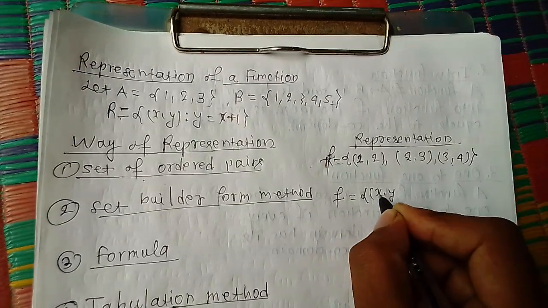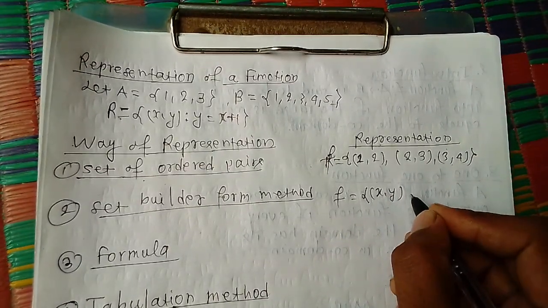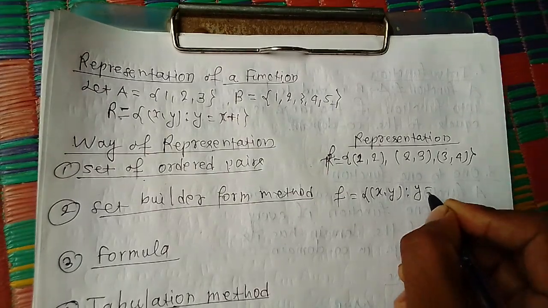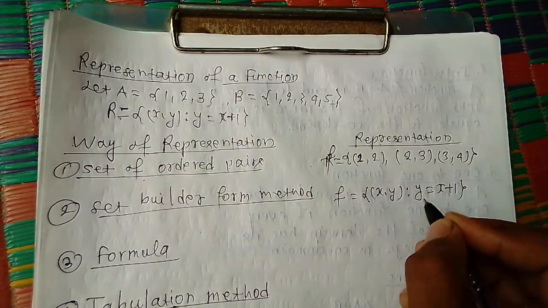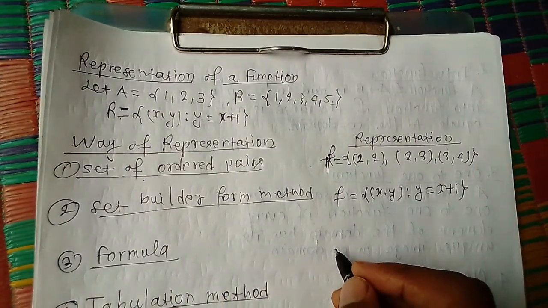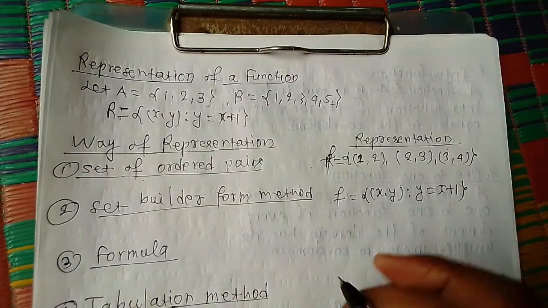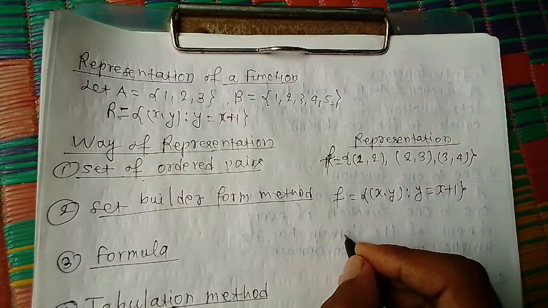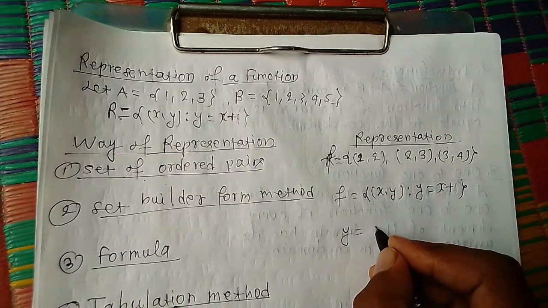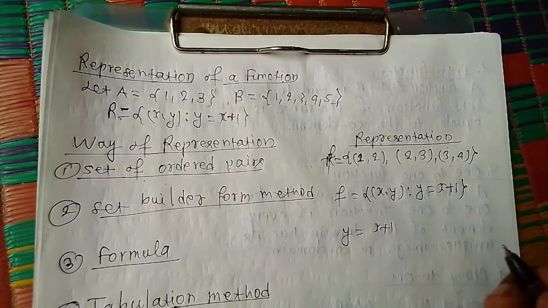The x and y symbolic representation, such that y is equal to x plus 1, is the formula. In the formula method you can directly write y is equal to x plus 1.